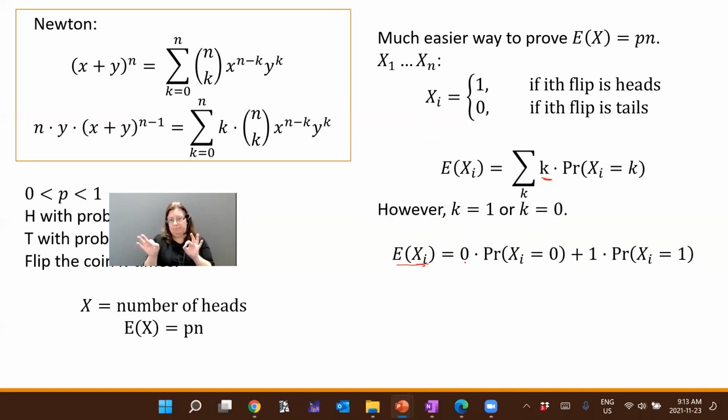Of course, 0 times anything is 0, so that term disappears. 1 times anything is the thing itself, so the expected value of my indicator random variable xi is simply the probability of that event happening. In this case, the probability that xi is equal to 1, which is the probability the ith flip is heads.